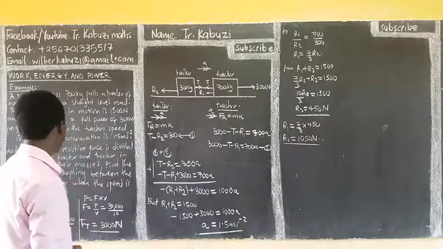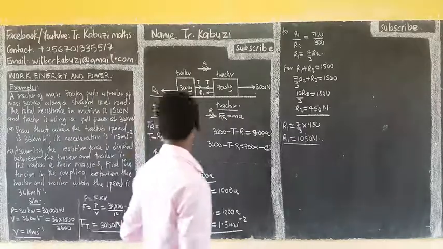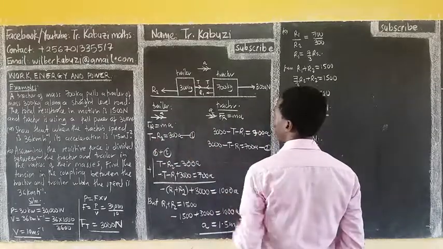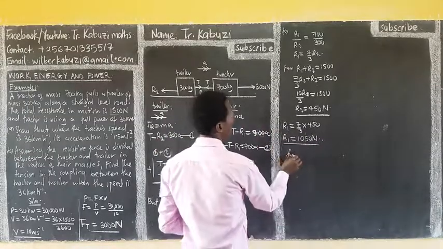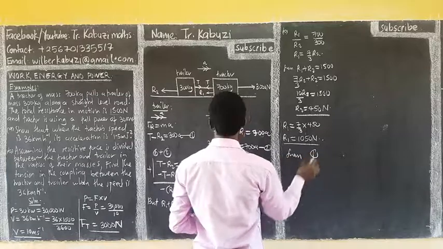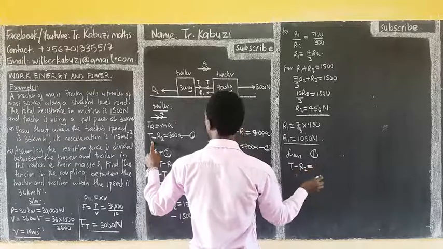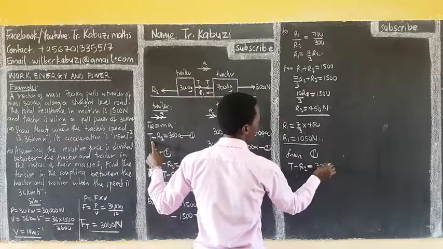Okay, find the tension in the, so they want me now to get the tension here. So you can either use this or this, but this one I think is easier. So from one, this one, T minus R2 equaling 300a.